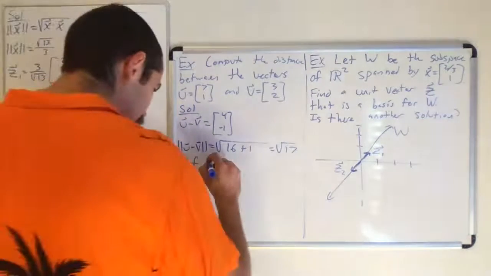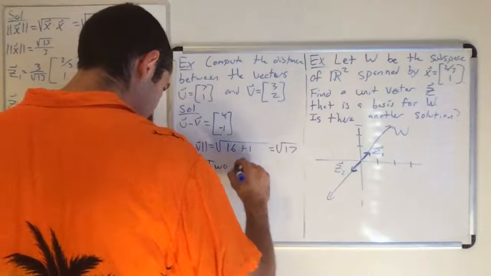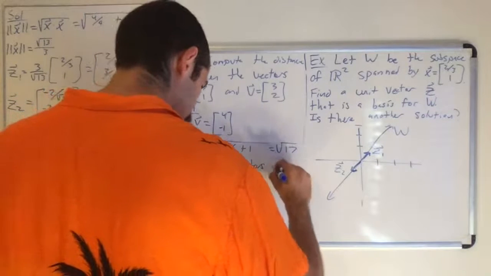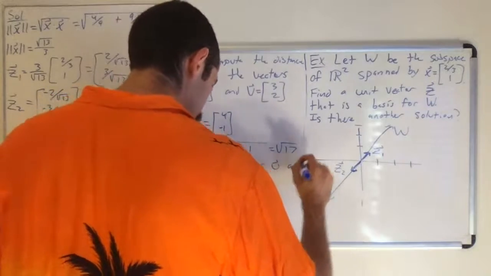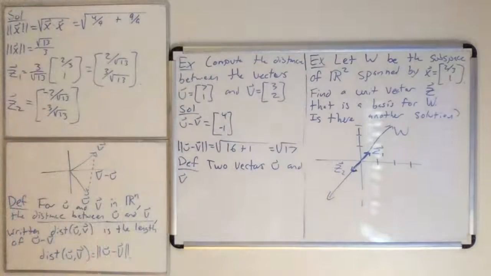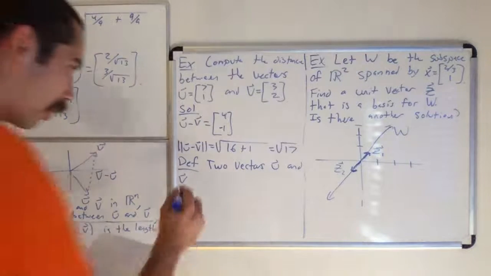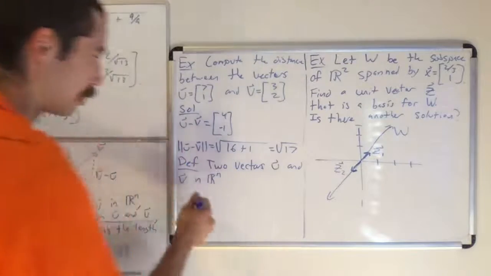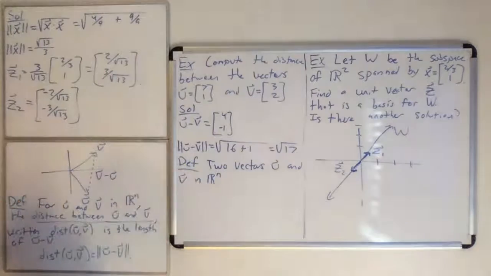So two vectors u and v in Rn. They have to both be in the same dimension. This doesn't make sense when they're living in different dimensions.